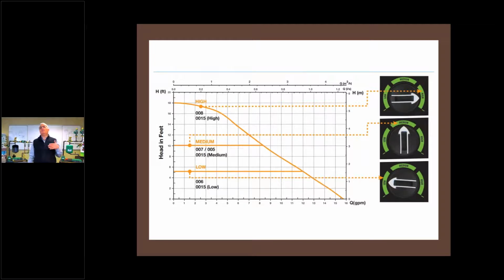I need to overcome 6 feet of head and deliver that kind of BTU based on the coldest day of the year where I am in that location. And I'm not going to be there a majority of the winter time. A majority of the winter time, we're probably going to be at a 40% output. So if you wanted to set it at low and only maintain 5 feet of head for a majority of the winter, that would probably be okay.